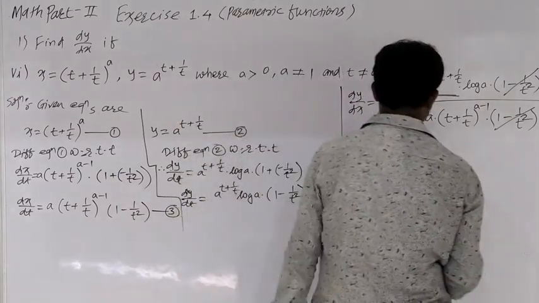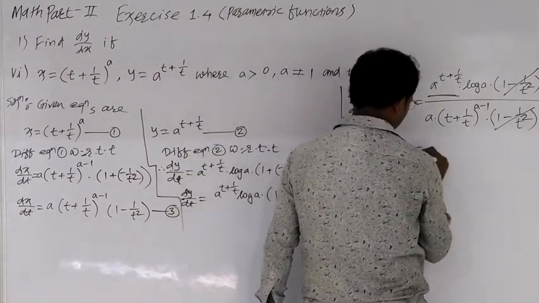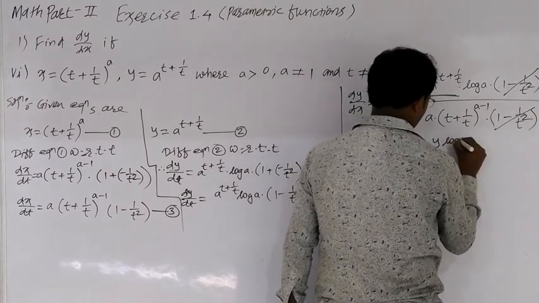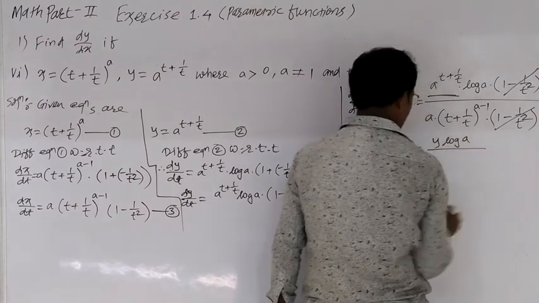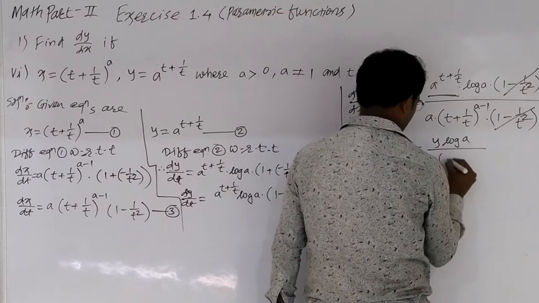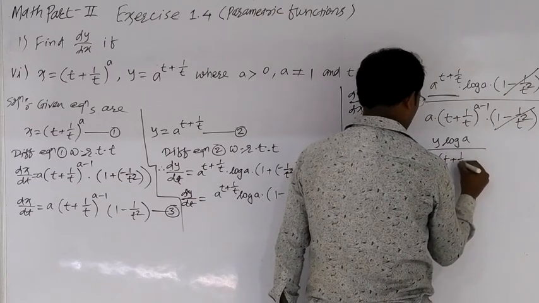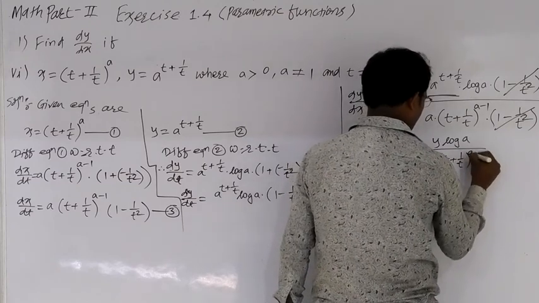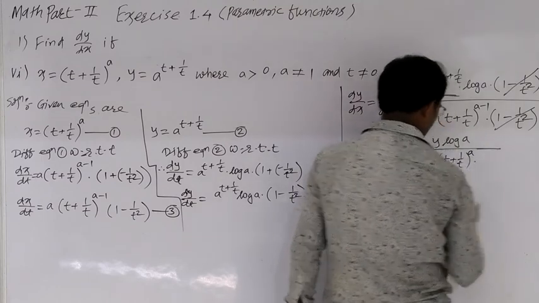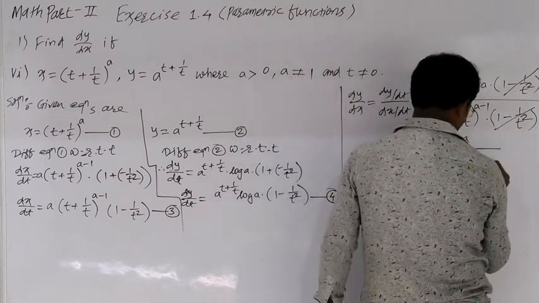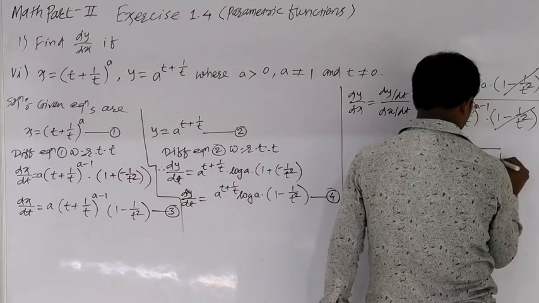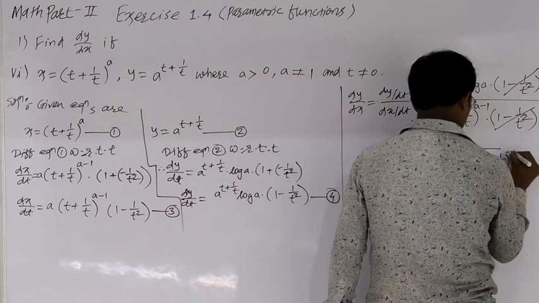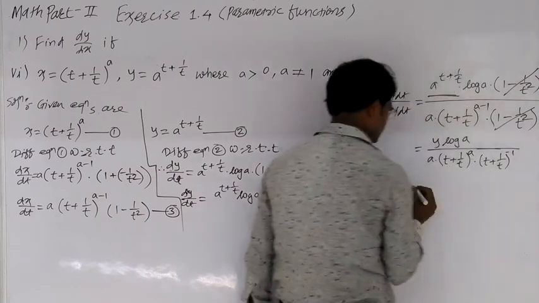From equation second we can write here y into log a upon a into t plus 1 upon t raised to a into t plus 1 upon t raised to minus 1.